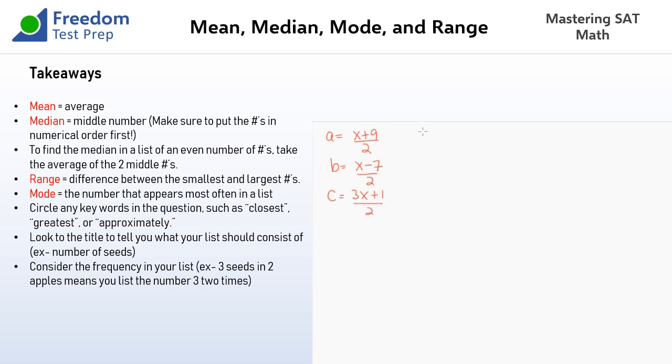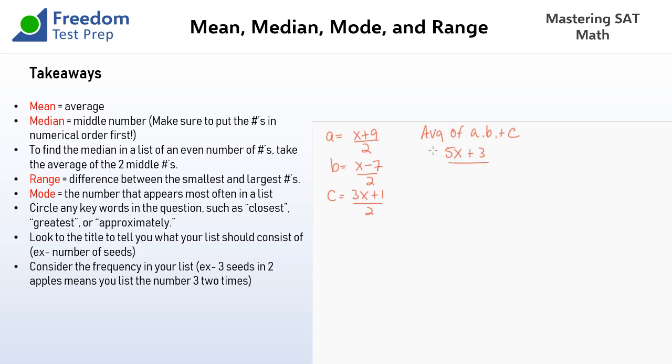And then the question asks for the average of A, B, and C. So we're simply adding up all of the numerators. Yeah. So we have x plus 3x. That's 5x. We've got 9 minus 7, which is 2, plus 1, which is 3.